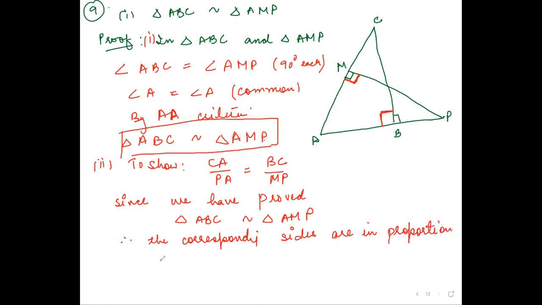So therefore, you can write that CA upon, carefully use, if you are using CA side of this, that means CA is opposite to the 90 degree angle, so you will use AP for this one. And if you are using BC from here, that means it is the 90 degree angle side, so MP here.